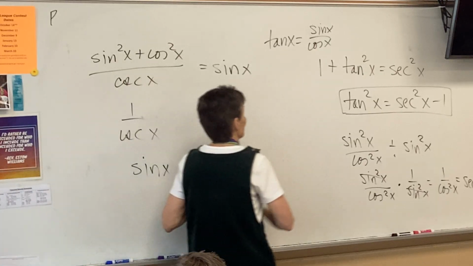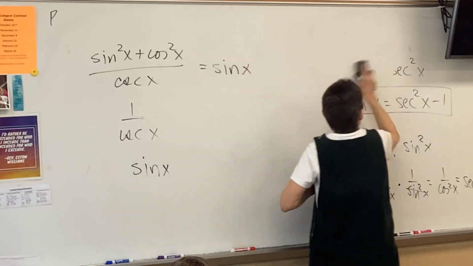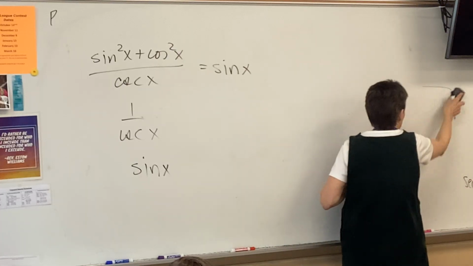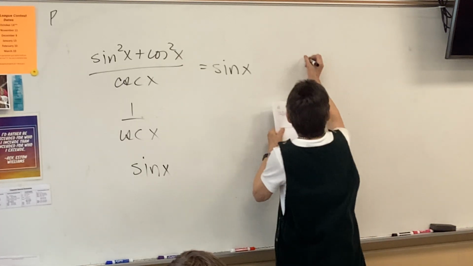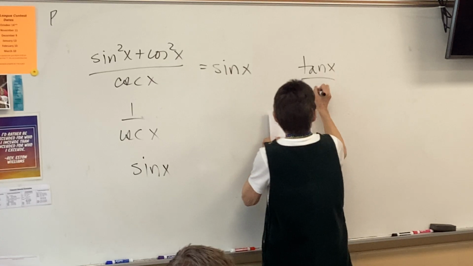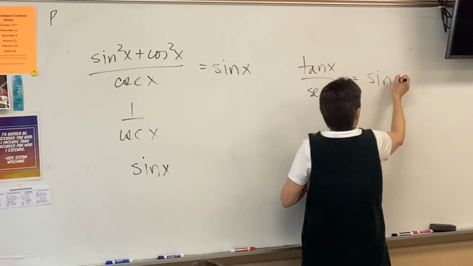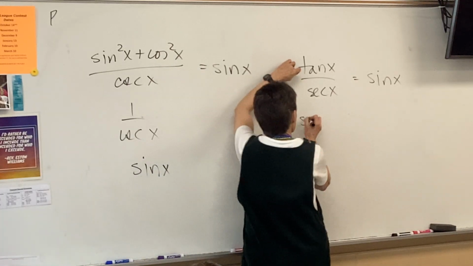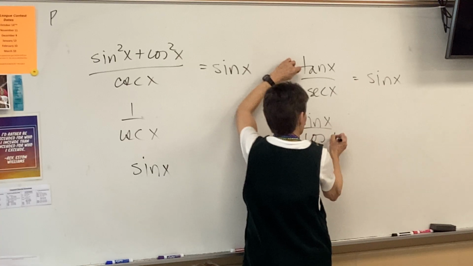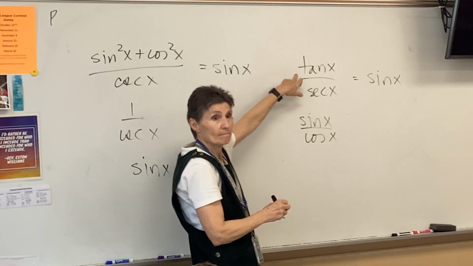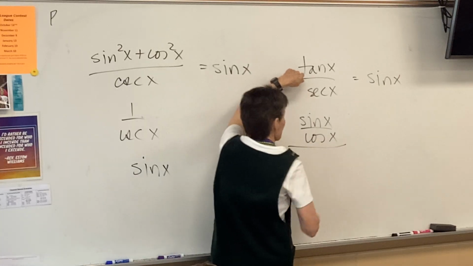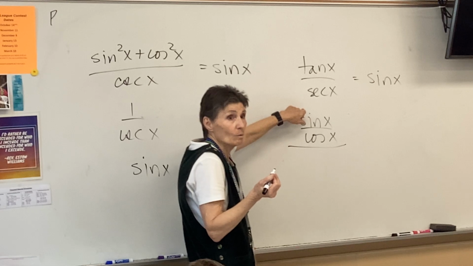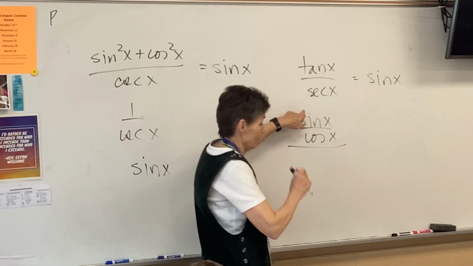All right, let's look at number 2. Can we do the same thing with number 2? Okay, so let's start. We got tan x over secant x. I just heard Eli say tangent is sine over cosine. Along the same lines, what is secant? 1 over cosine.